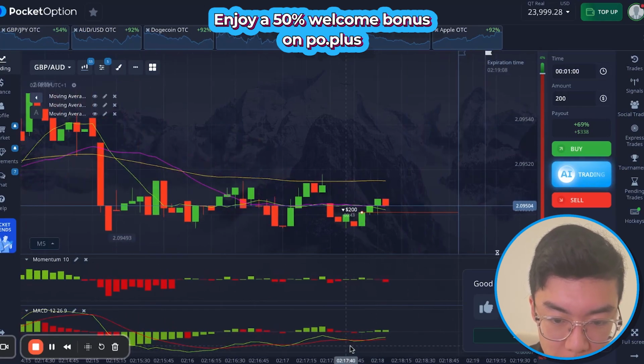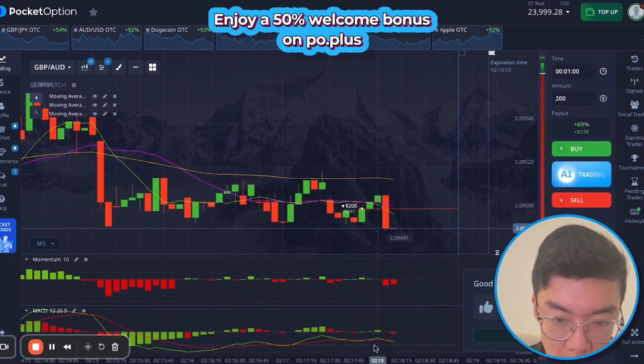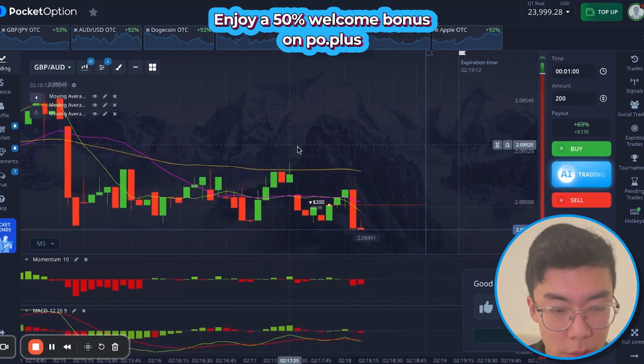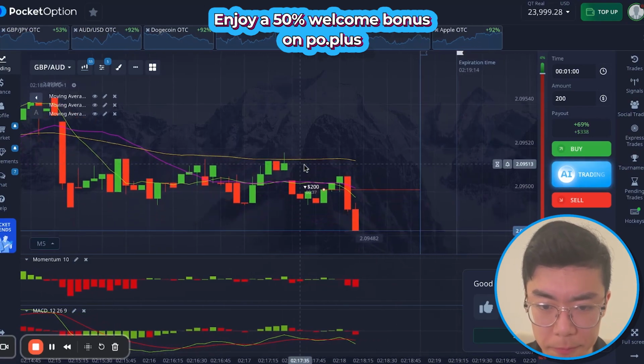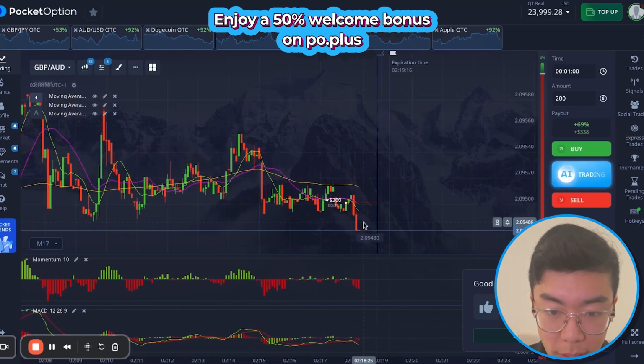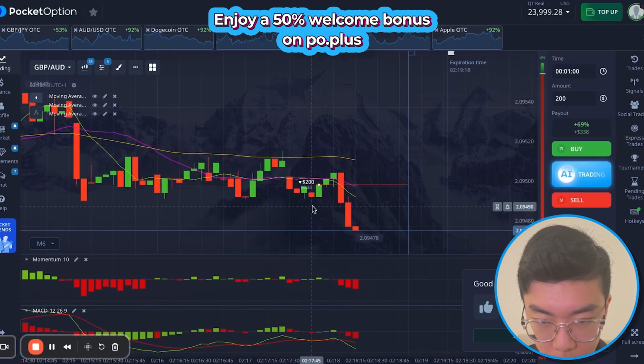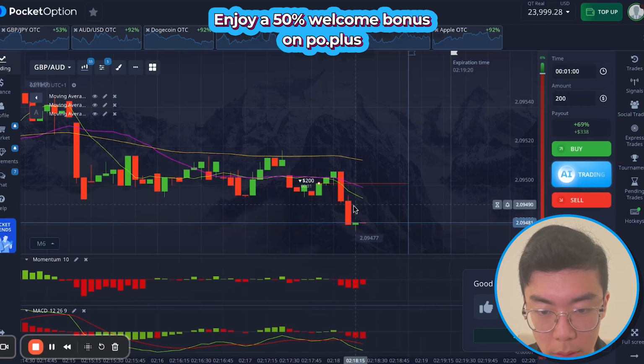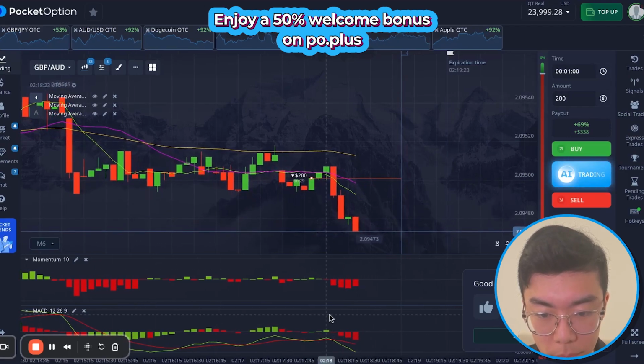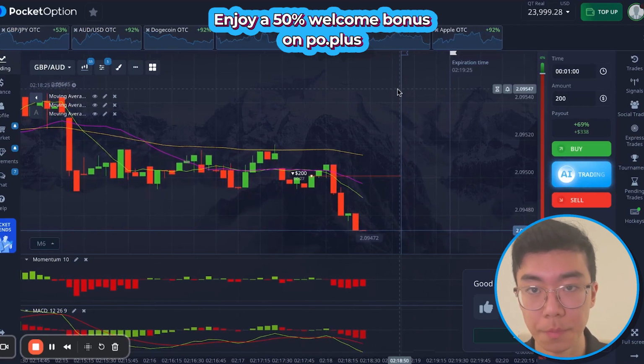So as you see right here, it did a crossover downwards and then back up and then back down. So this is a very volatile asset, as you can see. Seems to be going down quite a bit now. Going down even further.